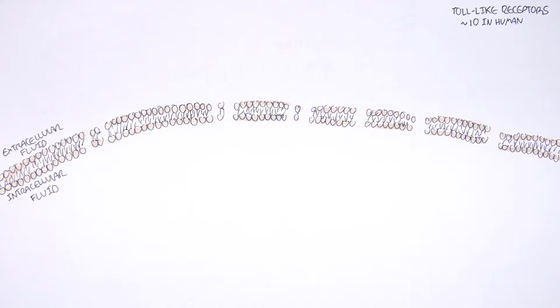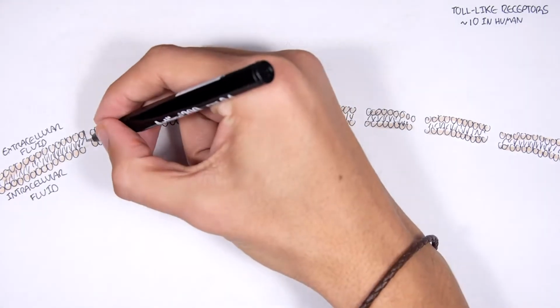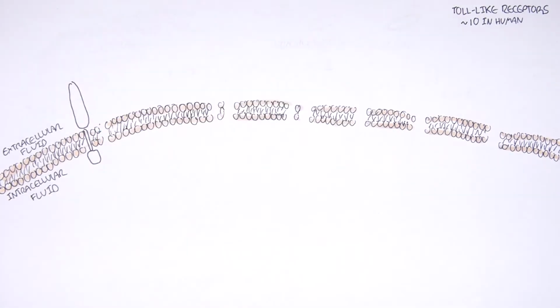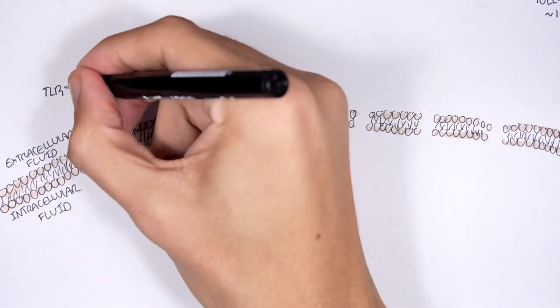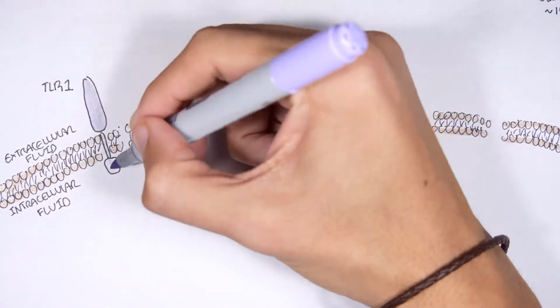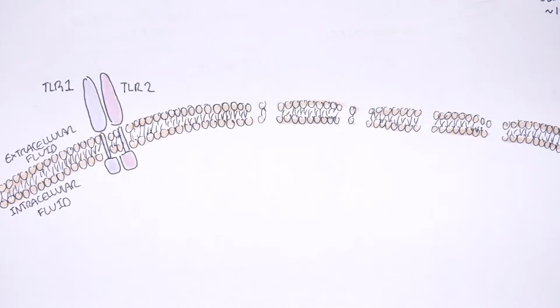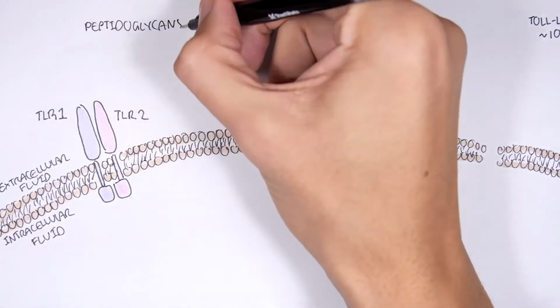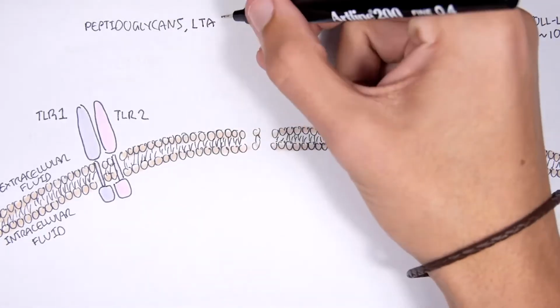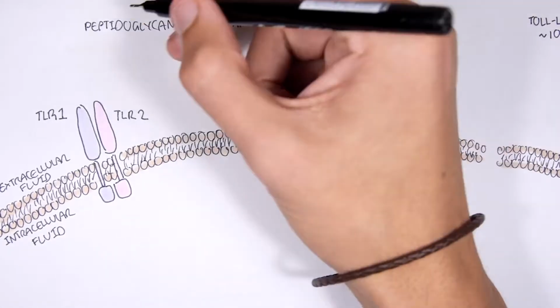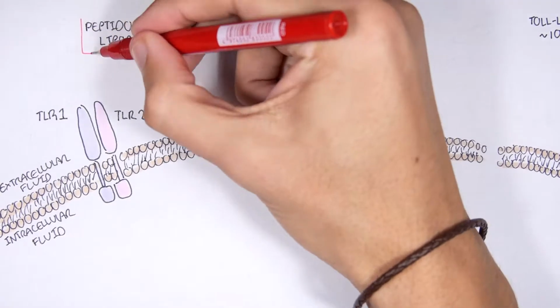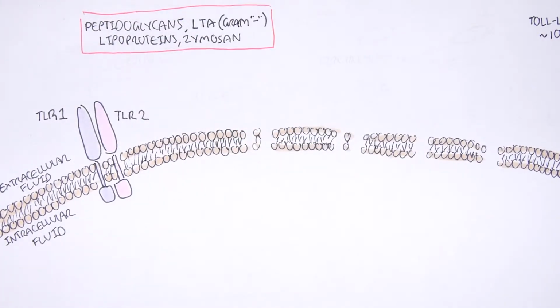So let's have a look at the different things these toll-like receptors recognize and look at the different toll-like receptors themselves. So toll-like receptor 1 and toll-like receptor 2 are found on the outer membrane here, and they will bind to each other to form a dimer when they recognize things such as peptidoglycans of bacteria, lipoteichoic acids of gram-negative bacteria, lipoproteins, as well as zymosan of fungi.